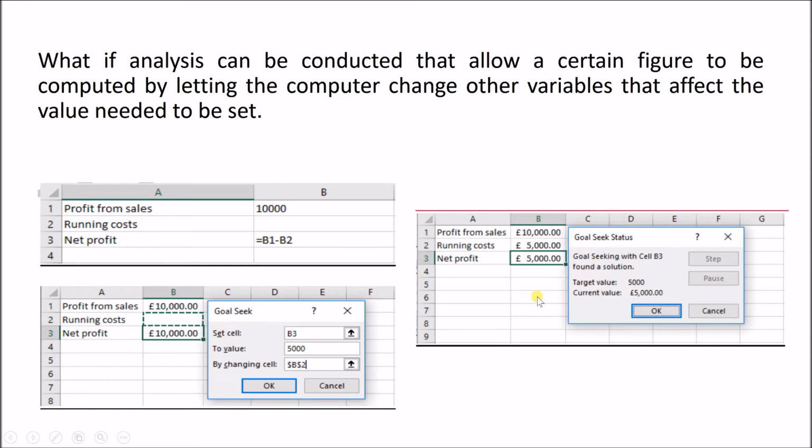If I want to work on this one, I just have to make my net profit my goal seek in B3, how much I want this profit, and my computer will answer me about how much I should expend on these costs.